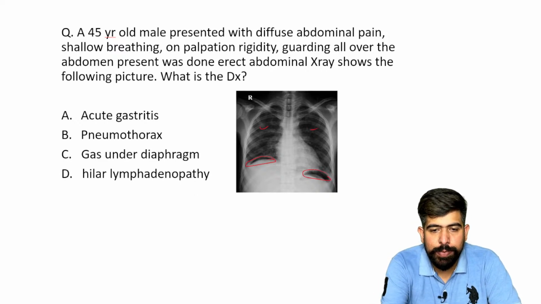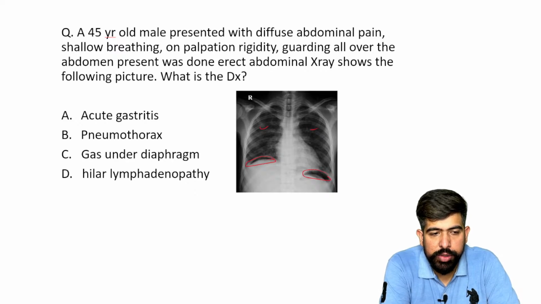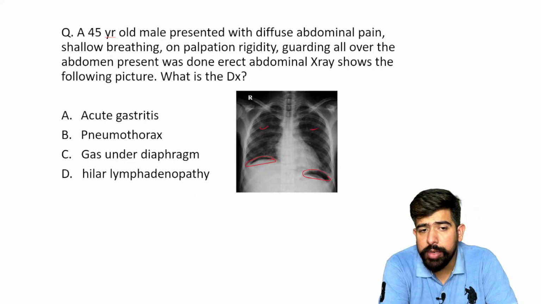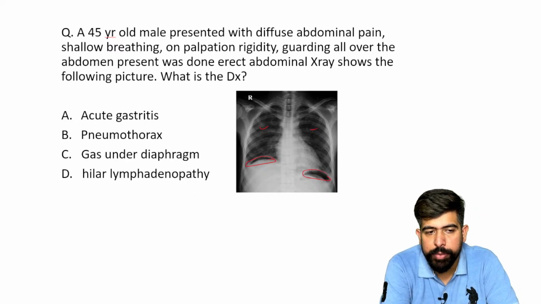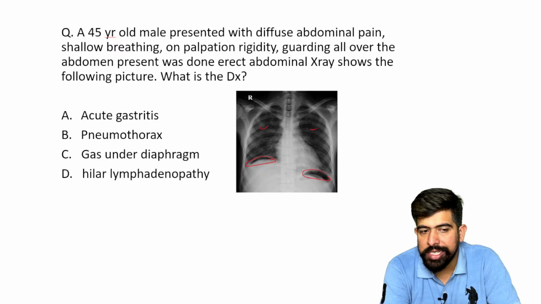Please understand this part. Diffuse abdominal pain will not be seen in pneumothorax, so that is ruled out. Second, hilar lymphadenopathy is also not possible here. Two things are ruled out.